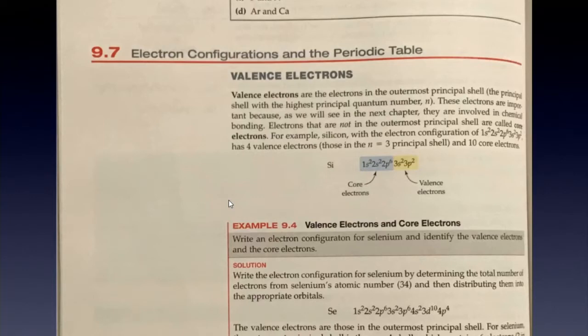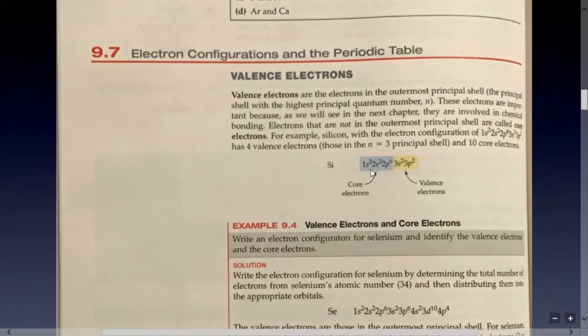If that's the case and you have an electron configuration, remember all of these whole numbers represent principal quantum numbers. Basically, if you highlight, underline, or circle the ones that have the highest number, like in this case it's 3, don't consider anything with a 2 or 1 or anything less than 3, but anything that has a 3, we want to highlight.